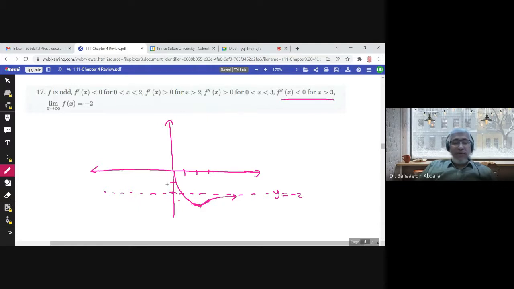Now the function is odd, so I have to continue the graph. If the function is odd, then I must have the line y equals 2 as a horizontal asymptote, because the graph will continue now like this. It will go like this, and up to -2, and then it goes like this.